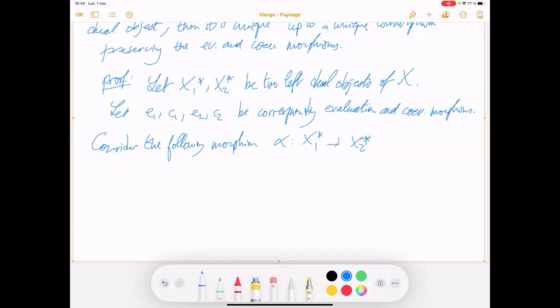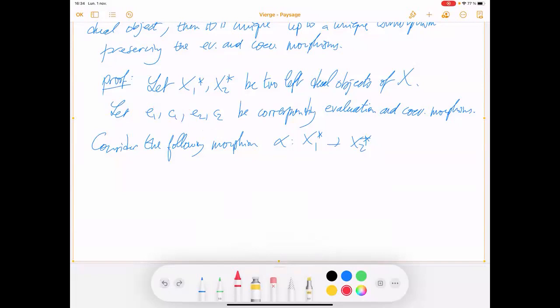So you have the axioms of the evaluation and co-evaluation, where some composition should be identity, and the idea to get alpha is you mix. So you take E1 and C2, or you take C1 and E2, and you compose like that, and then you will get a morphism from X1 star to X2 star.